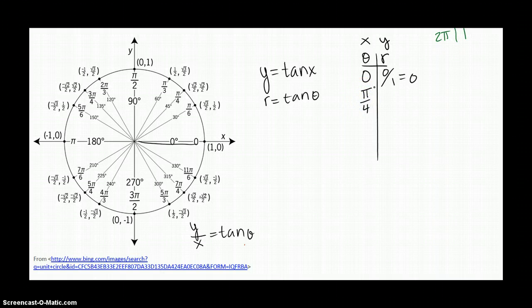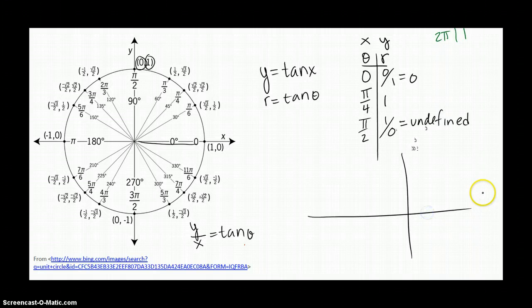At pi over 4, it's y over x, so it's square root of 2 over 2 over square root of 2 over 2, which turns out to be 1, because they're the same value. And pi over 2, it's y over x, 1 over 0. Oh, I meant to say 0 there, which is undefined.